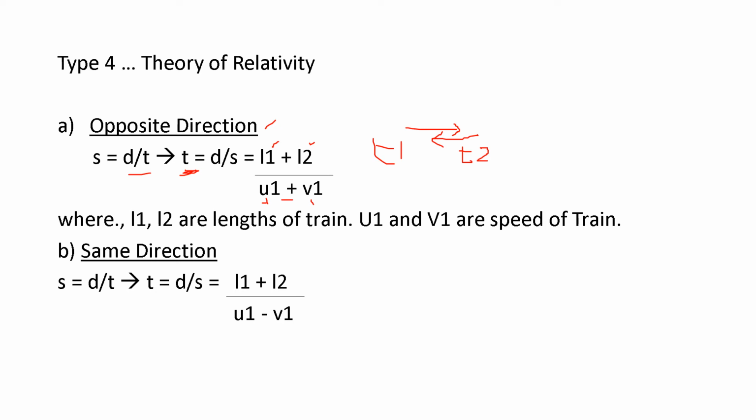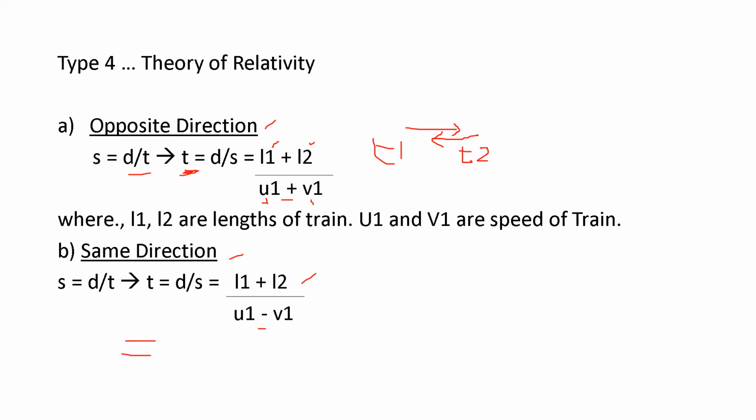If the trains are moving in the same direction, then T is equal to D by S, in the same way (L1 plus L2) divided by (U1 minus V1).